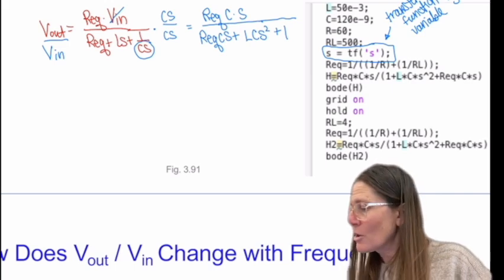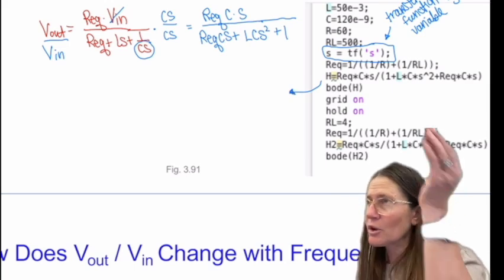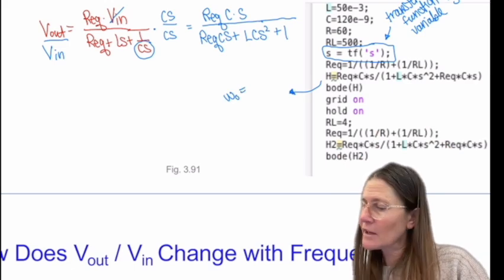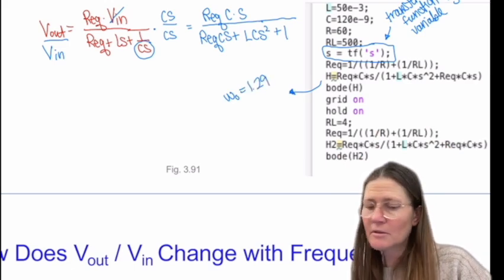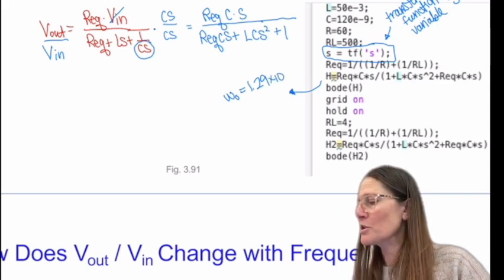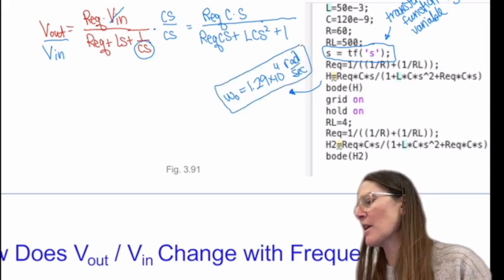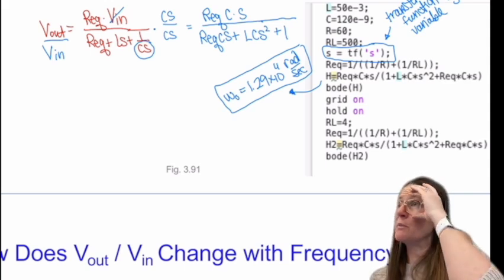So with this, I can look on the graph and go to the point where the omega naught is. In this case, it was 1.29 times 10 to the 4th radians per second. So this would be how I could find the value on the graph for omega naught.